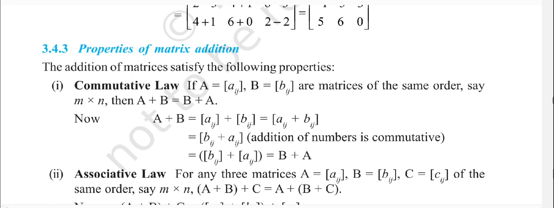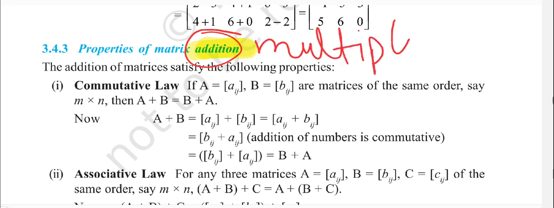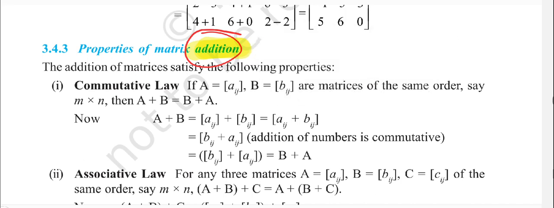Actually, we are dealing with the properties of matrix addition. Here the word addition is important, because we can also look at the properties of matrix multiplication, but we are dealing here with addition first.